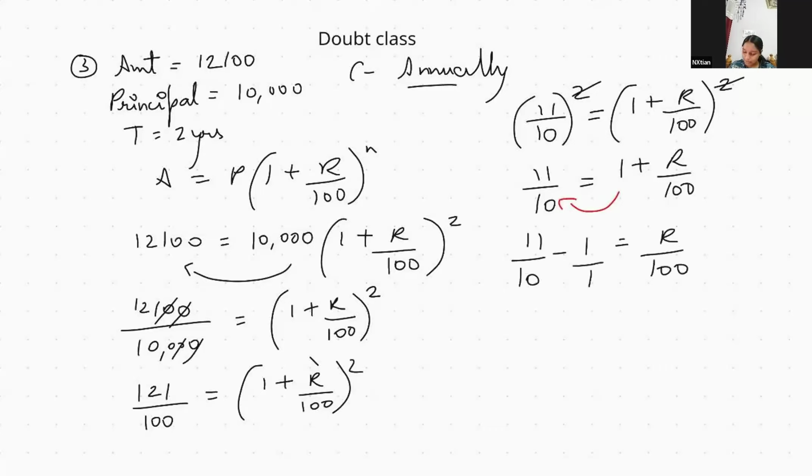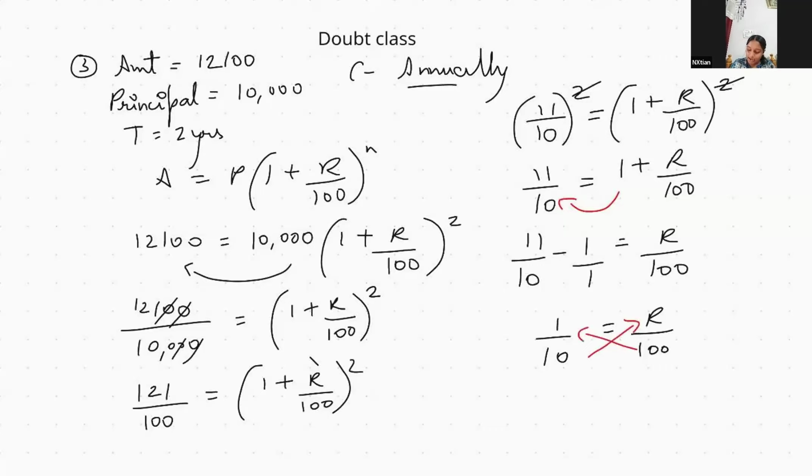You will get 1/10 equals R/100. Now, I told you guys, when a fraction equals a fraction, we can cross multiply.